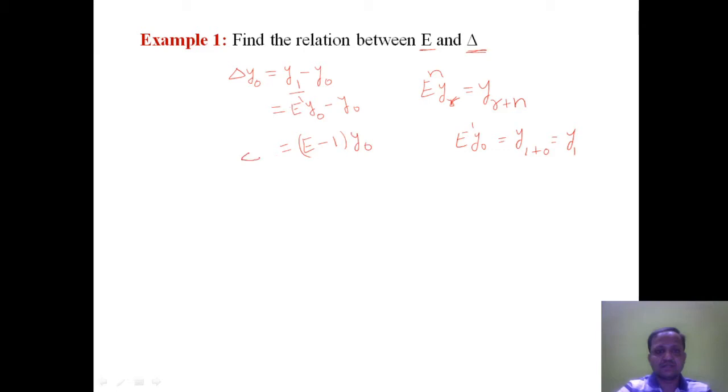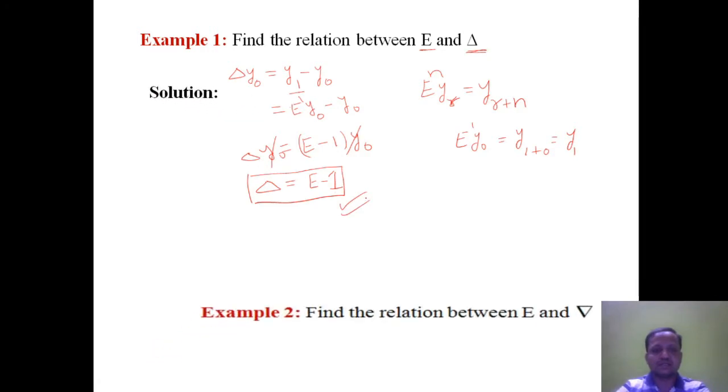On the left hand side del y naught is there, so y naught we can cancel out. So the final relation is del equal to E minus 1. So the relation between the shift operator and the forward difference operator is del equal to E minus 1, right?